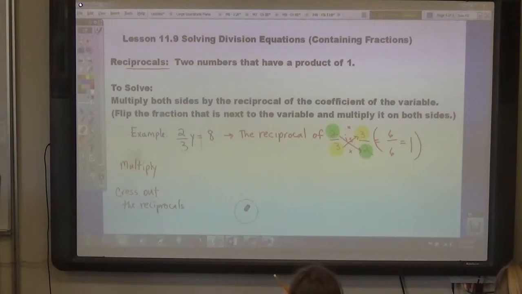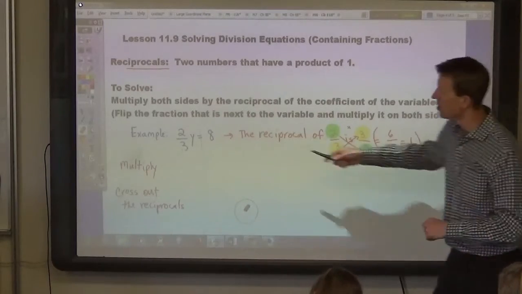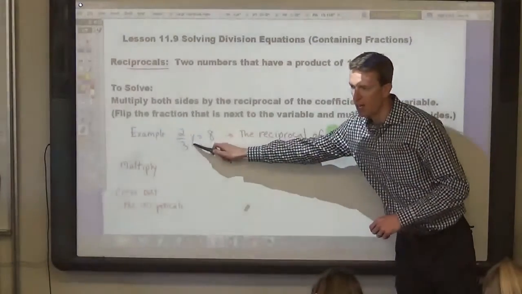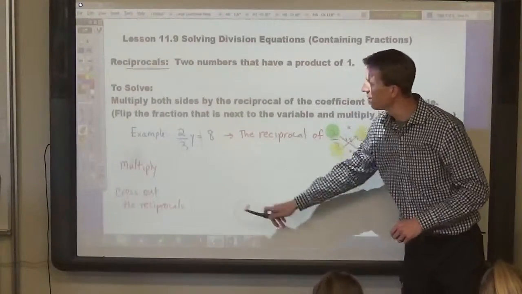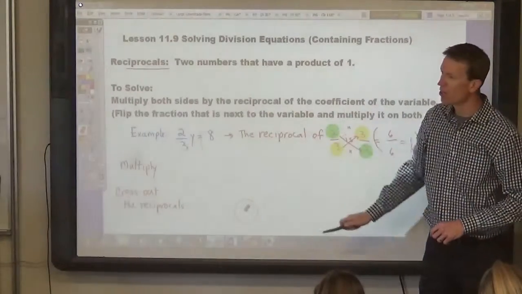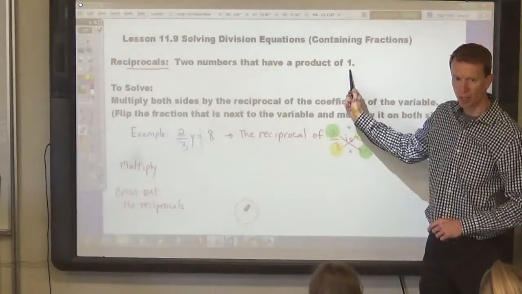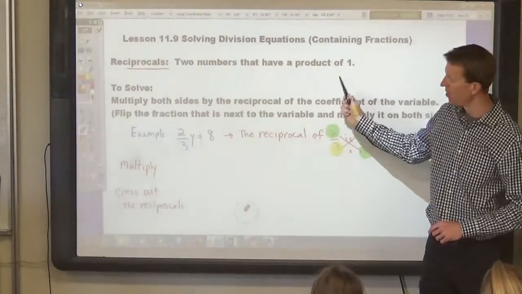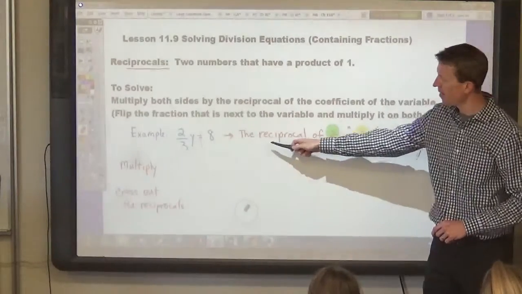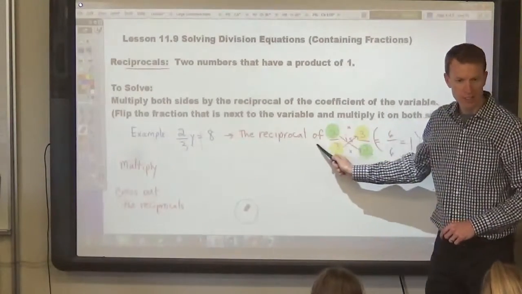Now, let's start with an equation like this. 2/3 times y equals 8. And what we're going to do to get 1 is use the reciprocal of 2/3. This word is reciprocal. Repeat that. Reciprocal.